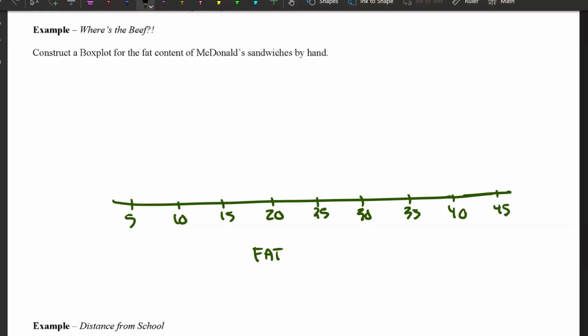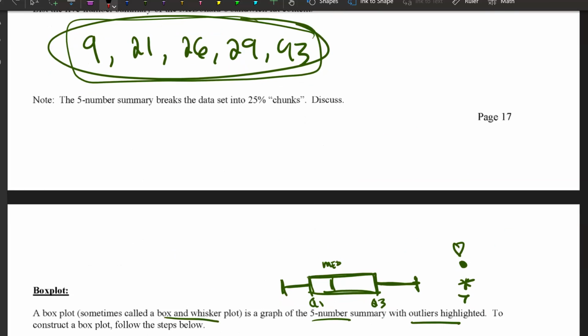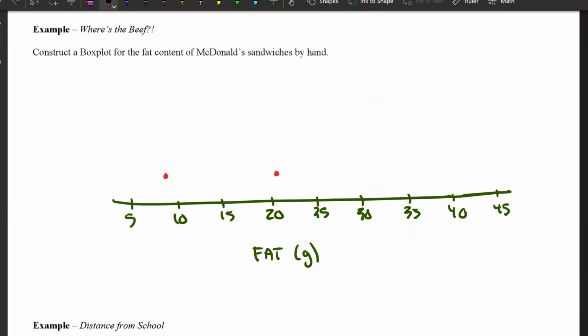Label your axes, fat and grams. And then let's just put a point at each of these numbers. 9, 21, or was it 19 or 21? 21, 26, 29, sorry, not 31, 43.